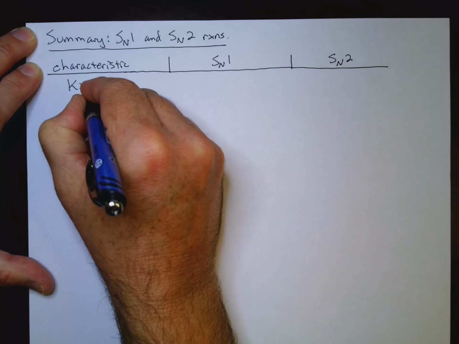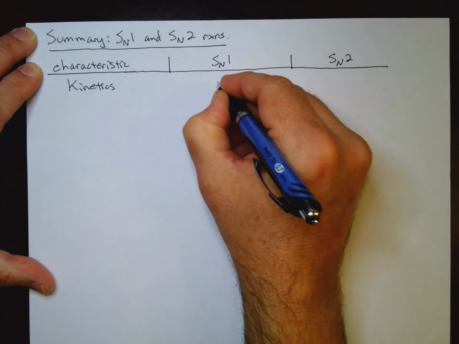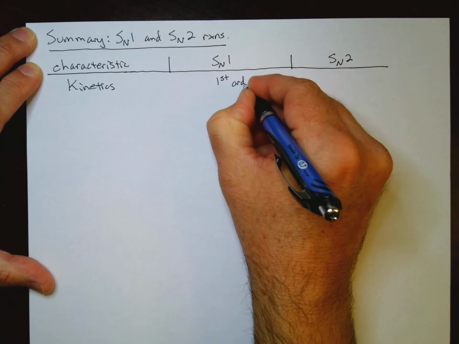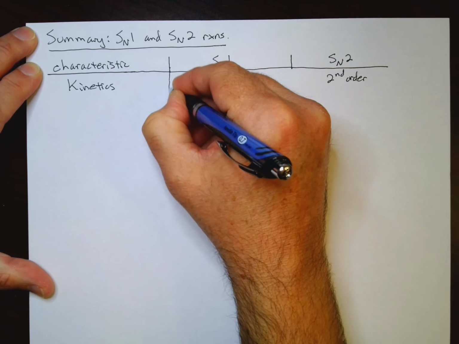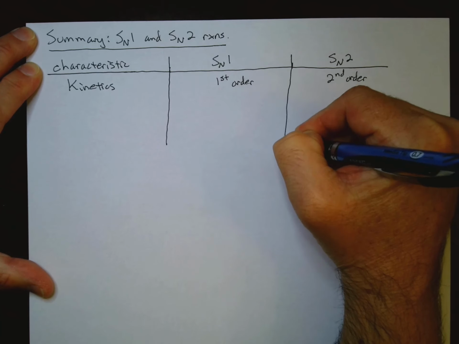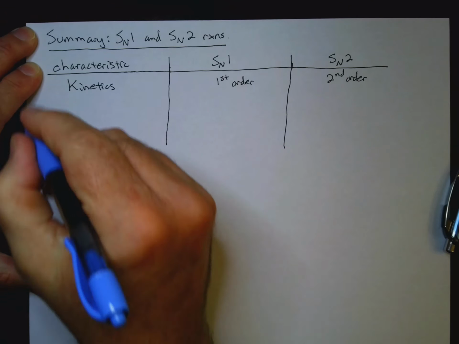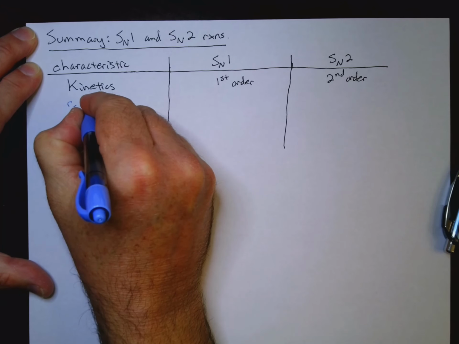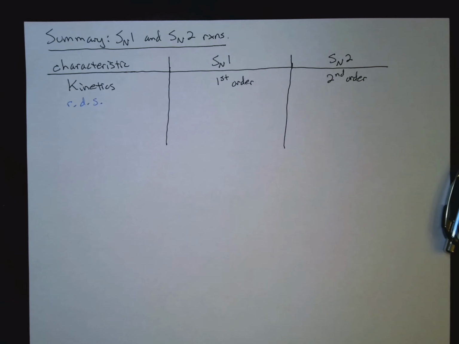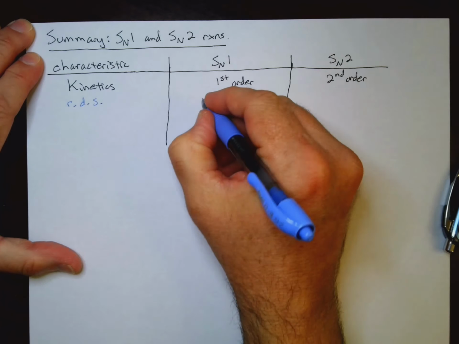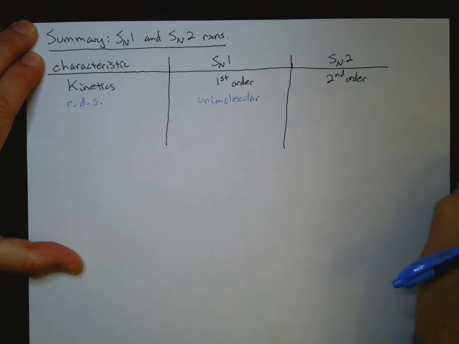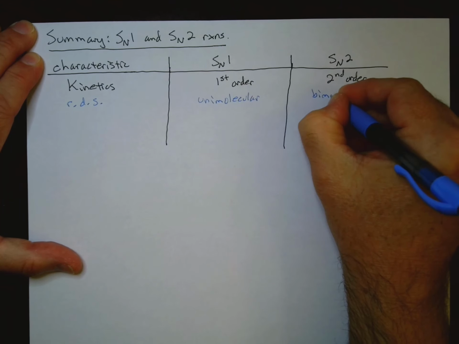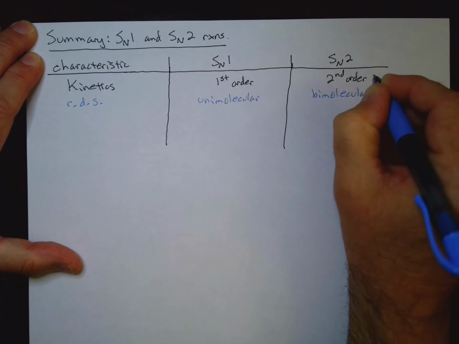So when we're looking at kinetics, we have our SN1 is first order, and SN2 is second order. Extend these lines here, and I'll go ahead and write the next one in a different ink here, just so you got a little color to differentiate the lines. Our rate determining step is unimolecular for SN1, and it's bimolecular for SN2.